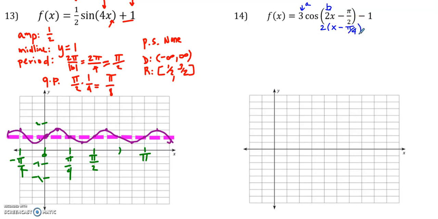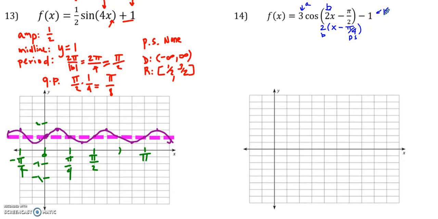So if we take this 1/2 out of here, we're left with 1/4. Let's check by multiplying it back in. 2x minus 2/4, and that would give me 1/2. So that works out. So here is my B for my period. Here's my phase shift. And then here is my K for my midline.